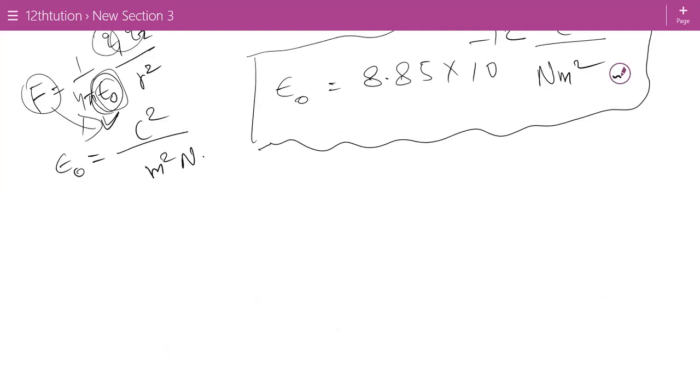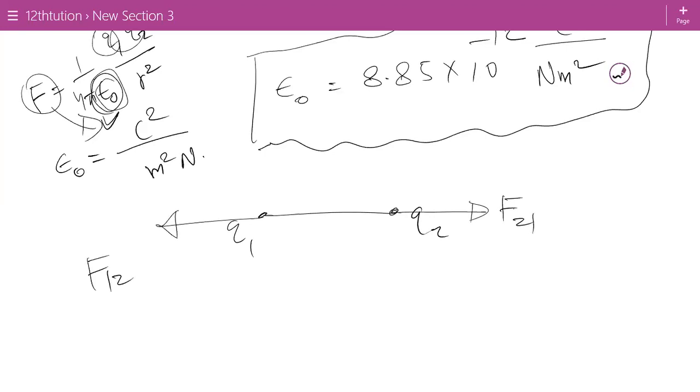As I said, if there were two charges Q1 and Q2, Q1 will apply a force on Q2, that will be F21, and Q2 will apply a force on Q1, that will be F12. So I guess now you can recognize the relation between F12 and F21. What is the relation?